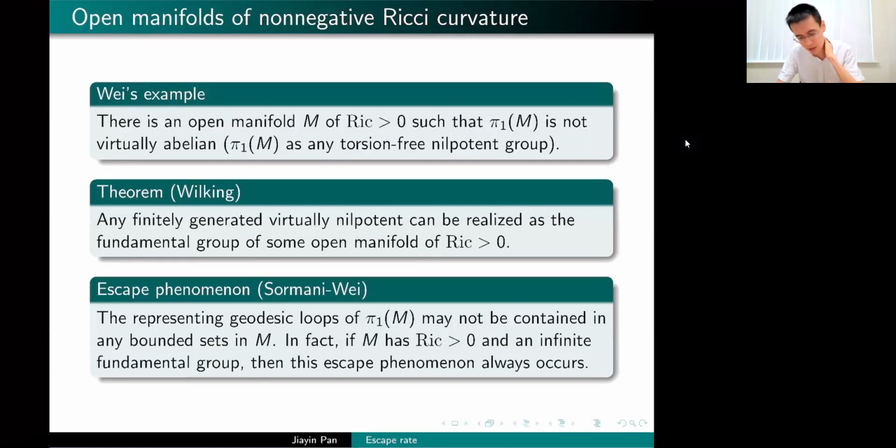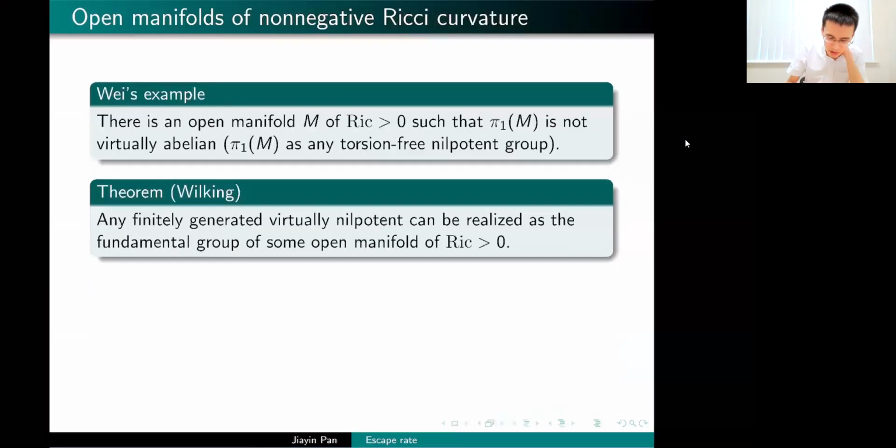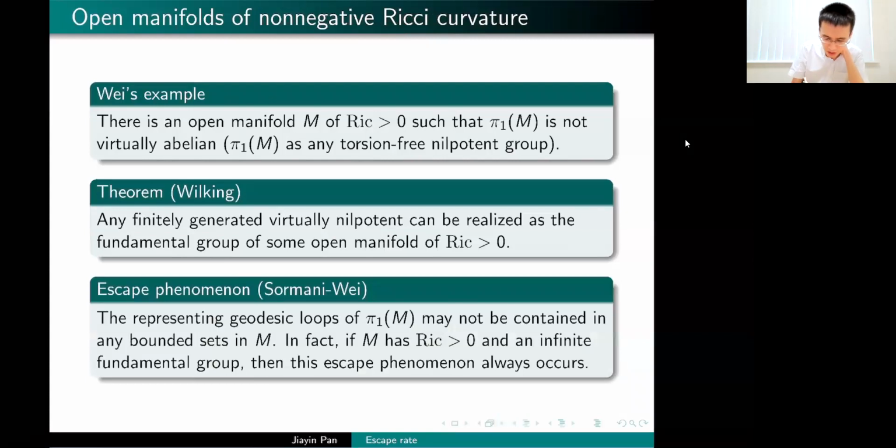So the first property, virtually abelian, fails. The second property, that you can always find a representing geodesic loop inside at least a bounded set, also fails from time to time for non-negative Ricci curvature.